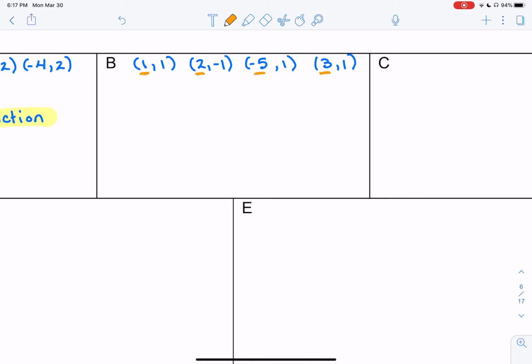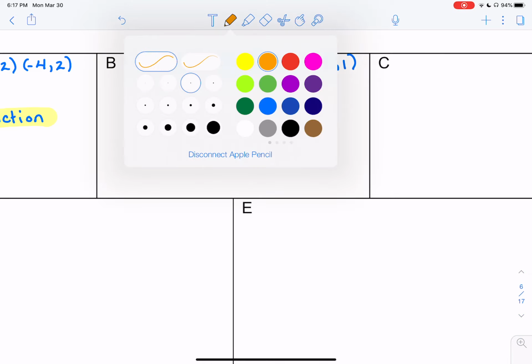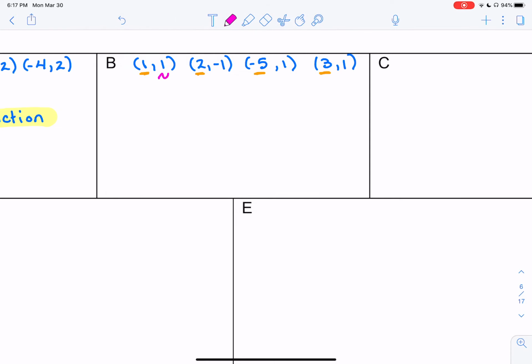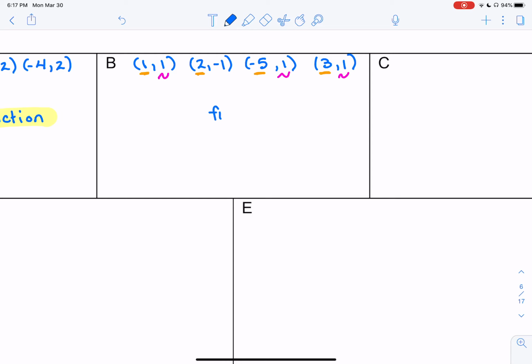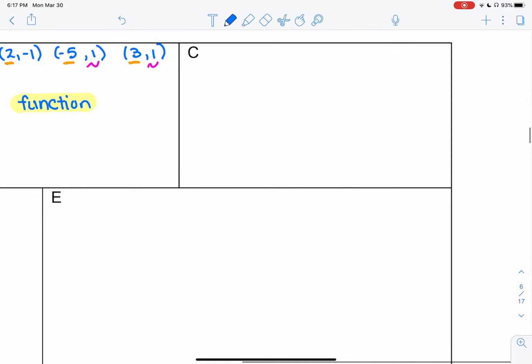Okay, so if I'm looking through this and I find 1, 2, -5, and 3 are the different X values, there are no repeats of the X values. On a side note, you can see that there were repeated Y values. Okay, so Mr. Number 1 has definitely multiple girlfriends, but this is acceptable. So again, this is a function because there are no X values that were repeated. So function, all right, because once again, we can't repeat those X values. That is what constitutes it not being a function.